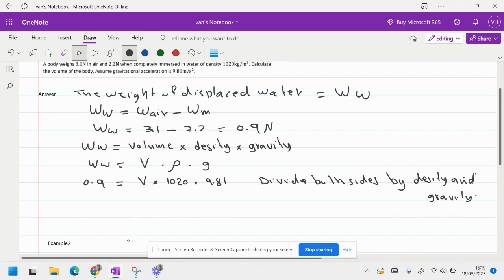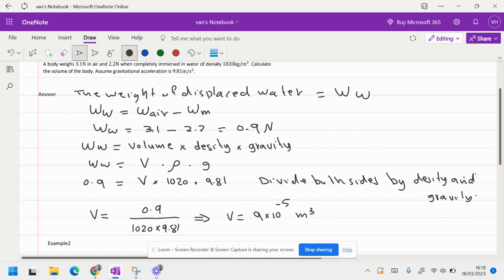So we end up with volume equals 0.9 over 1020 times 9.81. If we put this in our scientific calculator, the answer will be 9 times 10 to the power minus 5 meter cube.